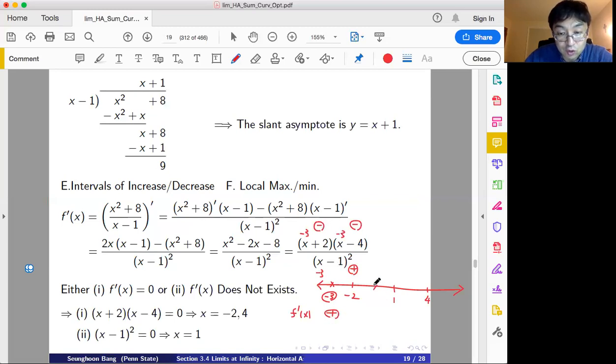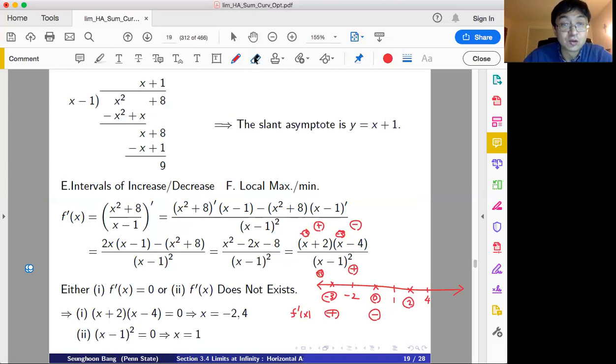I can choose 0. You plug 0 into x. 0 plus 2 is positive. 0 minus 4 is negative. 0 minus 1 squared is positive. We have negative. I will choose 2.